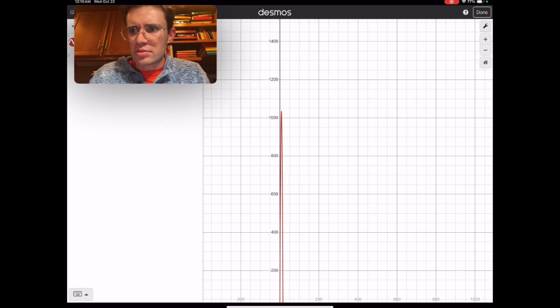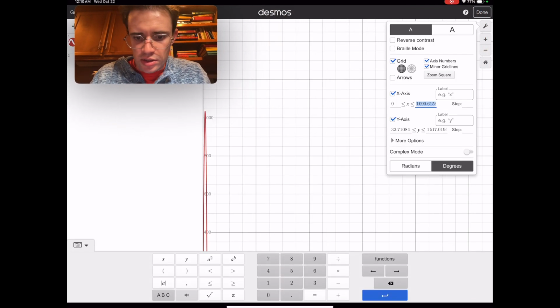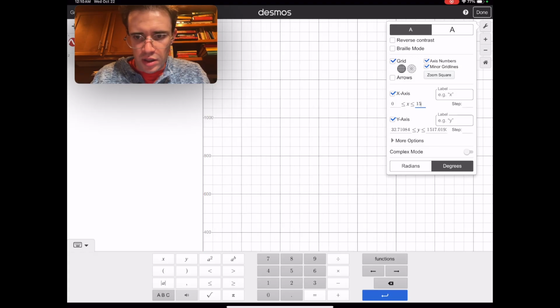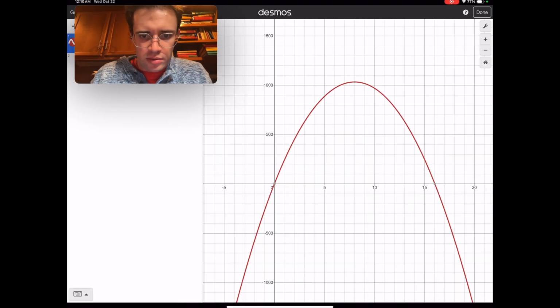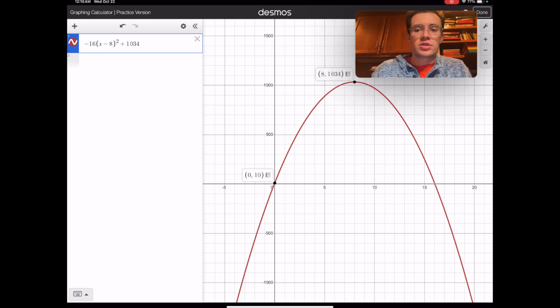And let me mess with this. So I'll say the x-axis just goes from 0 to, let's do 15, like that. All right, see, it did launch from 0, 10, not from the ground. It reaches this max at 8, 1034. So that does check out.